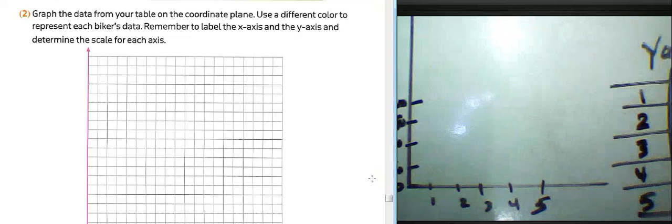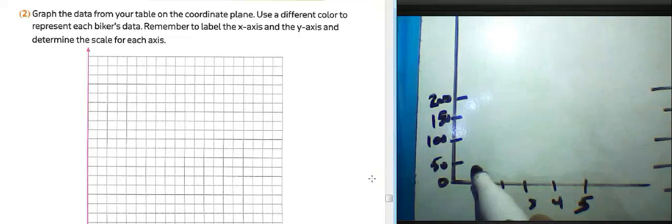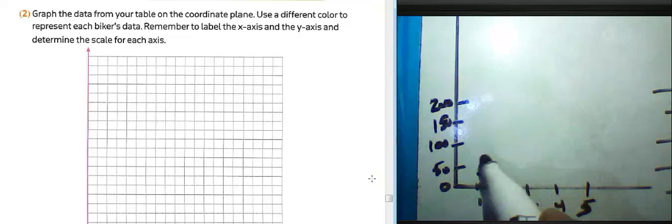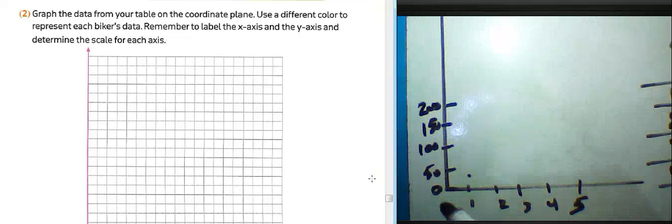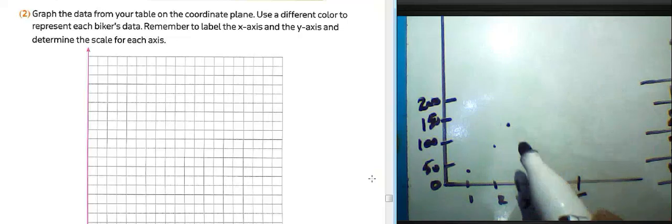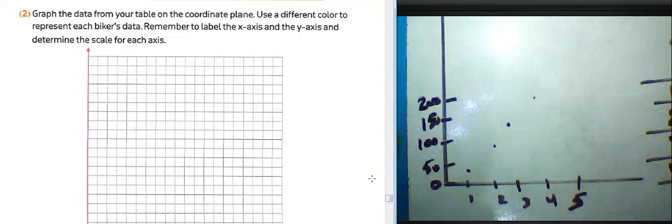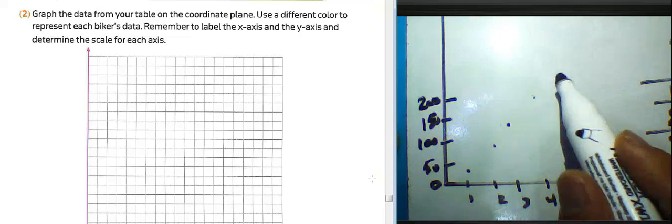The first point here, 1 and 40, going from 1 to 40, and 2 to 80. 80 lies between 50 and 100 here, and 3 and 120 here, and 4 and 160, and 5 to 200.